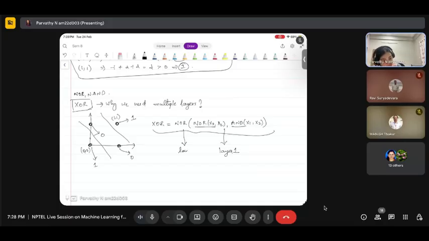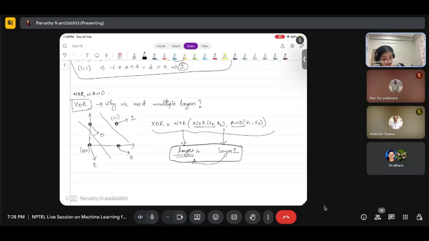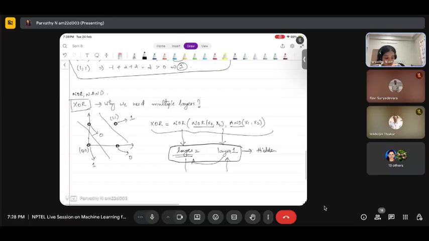And in layer 2, we again calculate the NOR function of the output that was given from layer 1. So these intermediate layers are called hidden layers. There is an input layer and an output layer, and in addition we have hidden layers, which do the calculation of NOR and AND in layer 1 and NOR of those outputs from layer 1 in layer 2.